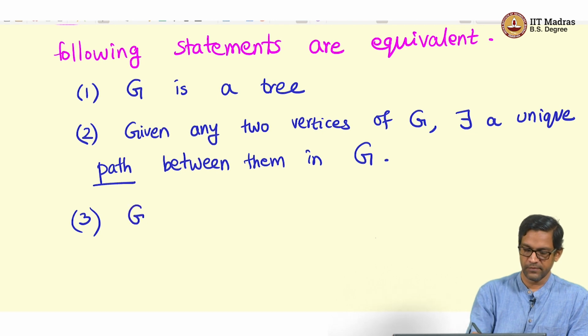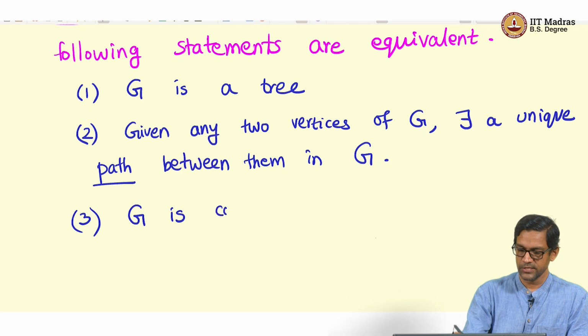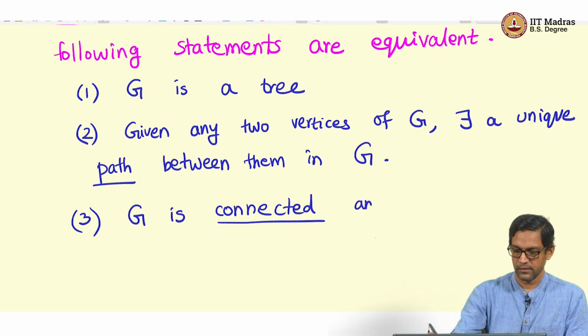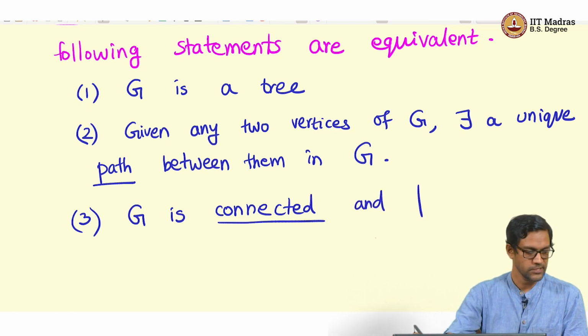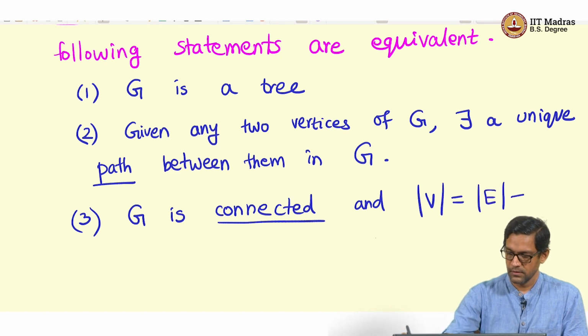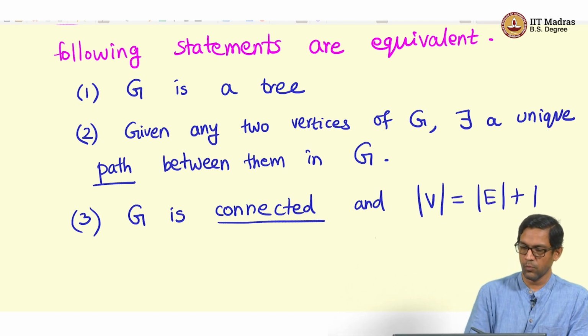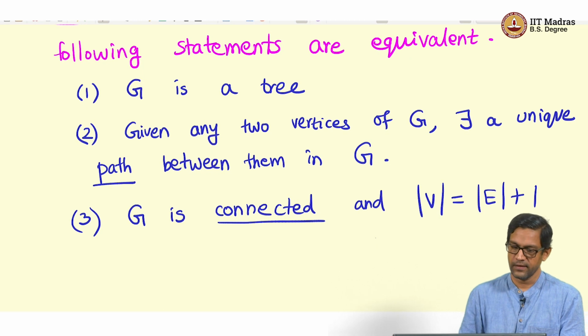The third statement, which is also equivalent to these first two, is the following: G is a connected graph and it has vertices one more than the number of edges. So the cardinality of the vertex set is one more than the cardinality of the edge set.